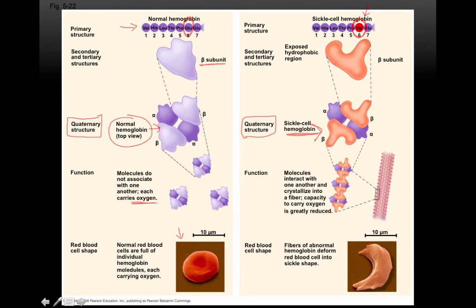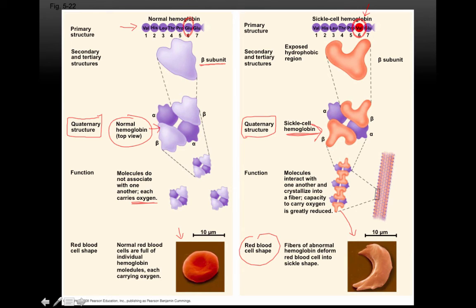As the hemoglobin proteins clump together inside of a red blood cell, they change its shape. So the red blood cell takes on this sickle shape instead of the flat, circular disc shape we need for proper functioning. Mutant hemoglobins stick together, they change the shape of the red blood cells, and there are many problems that result.